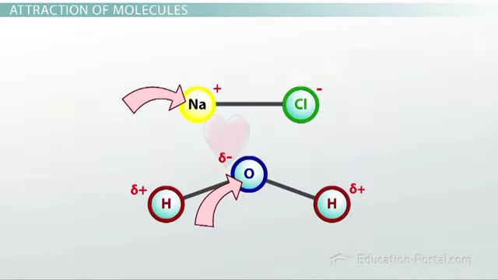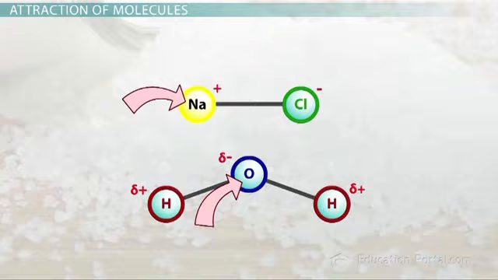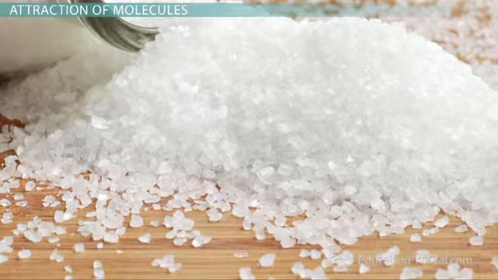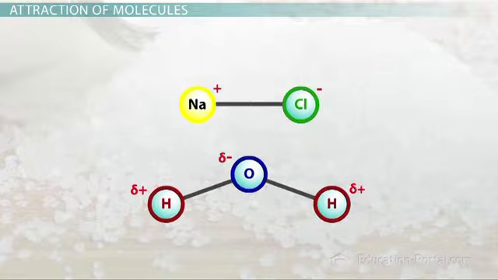Recall that we talked about table salt as being salt crystals. They come in these nice cubic structures. When you sprinkle salt on your food, it comes out as a nice solid crystalline structure, right?